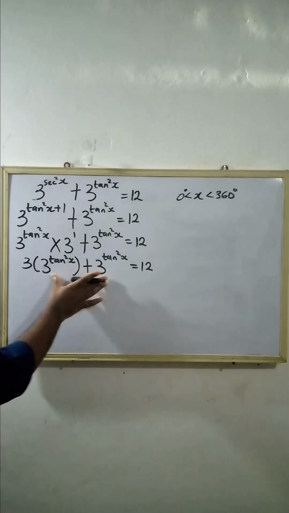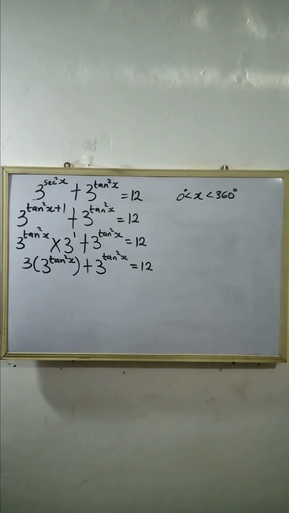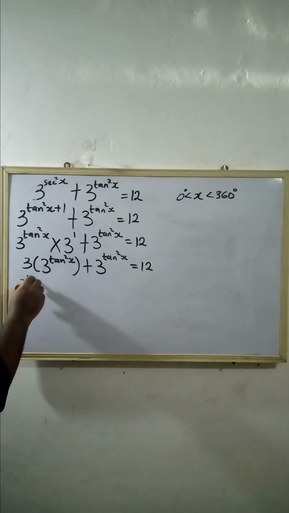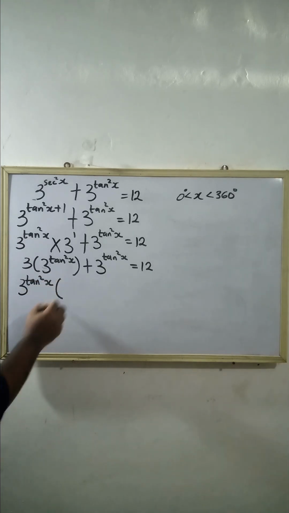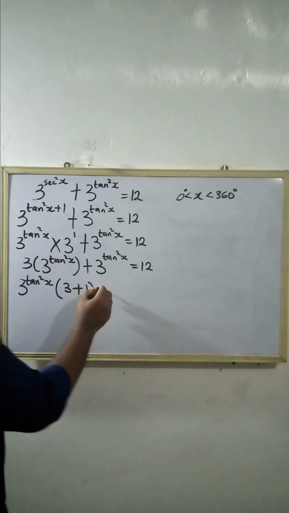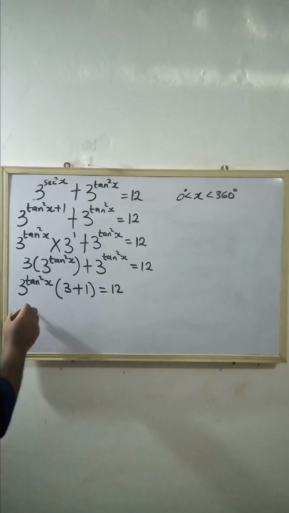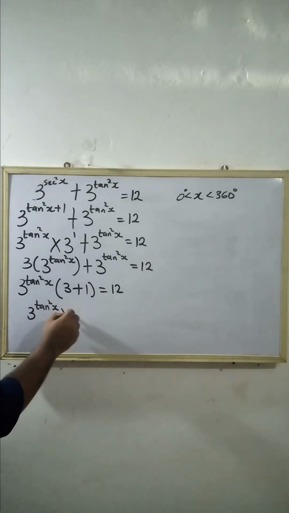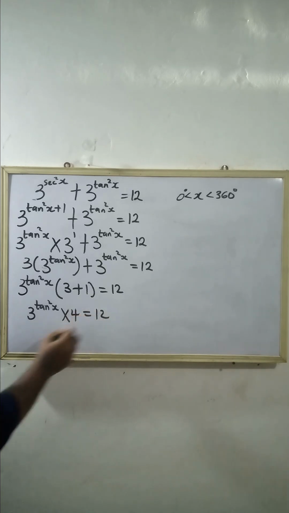At this point I see that 3 to the power of tan squared x is common. So I can factorize 3 to the power of tan squared x, and I'll be left with 3 plus 1, and that is equal to 12. So 3 to the power of tan squared x times 4 equals 12.